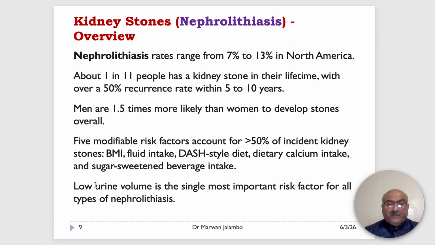However, there are five major modifiable risk factors that account for over half of incident stones: body mass index, fluid intake, DASH style diet, dietary calcium intake, and consumption of sugar sweetened beverages. How exactly do these stones form? Let's check the pathophysiology.